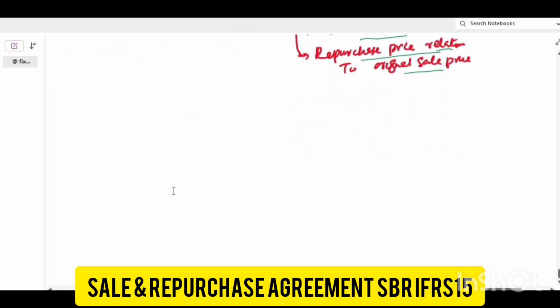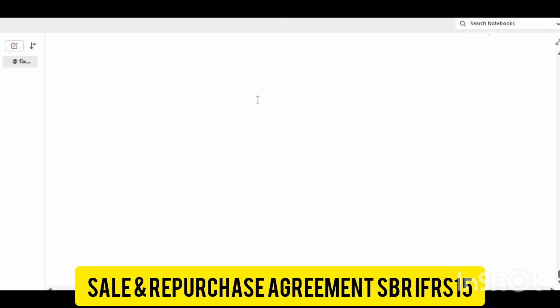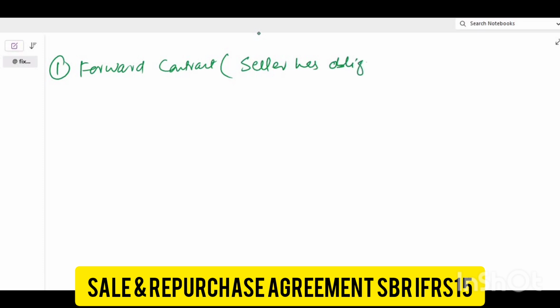Now, the first one is the forward contract. In a forward contract, the seller has an obligation to repurchase.